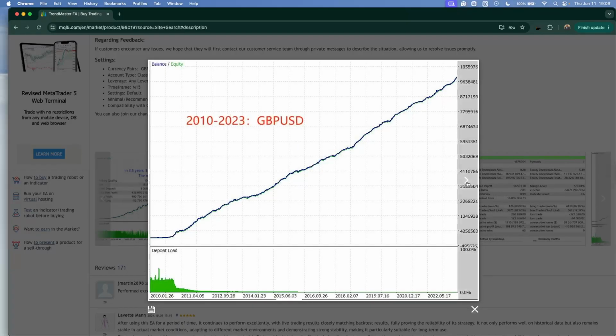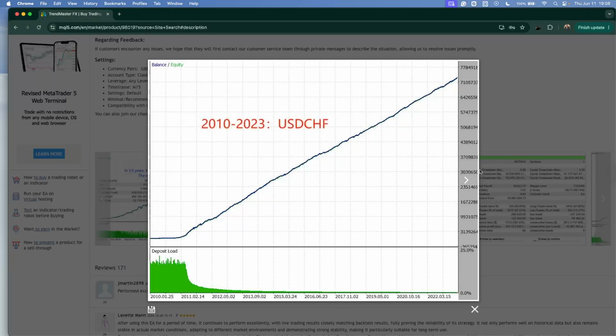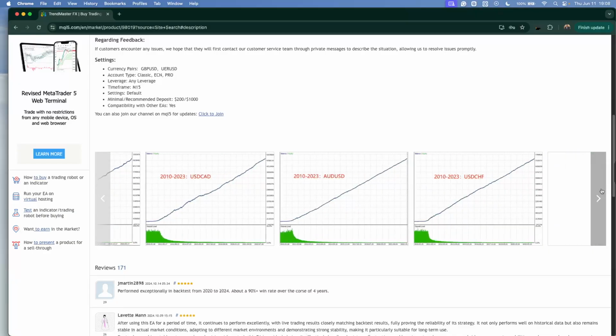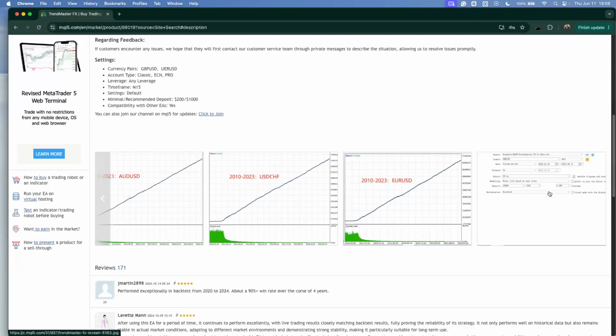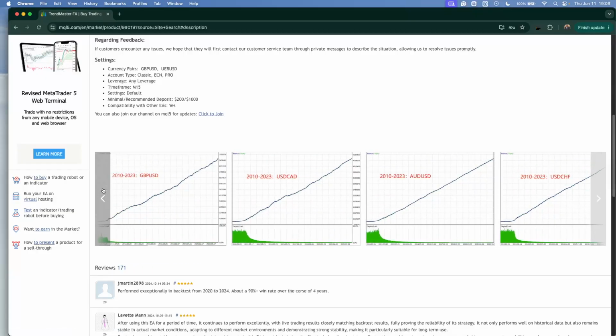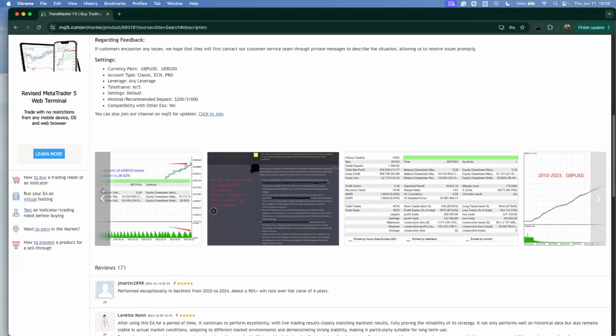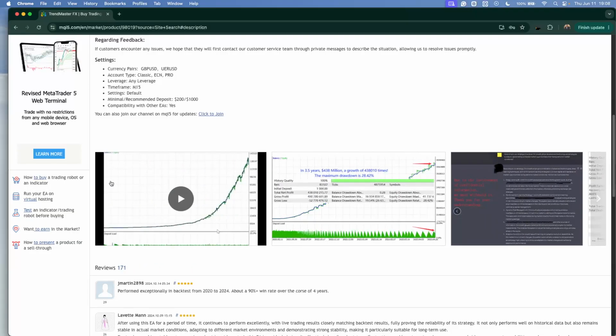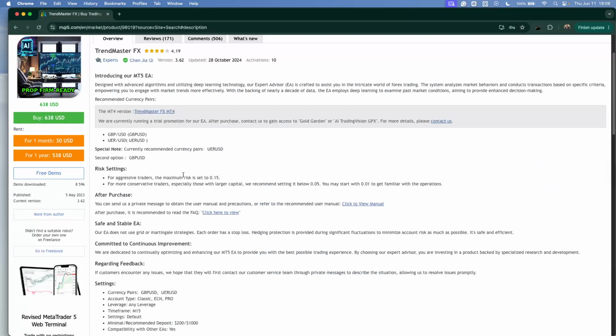These are the equity curves from their backtests. There are lots of customizations with risk modes, filters, and protections, positioned as a safe, stable expert advisor for both aggressive and conservative traders.